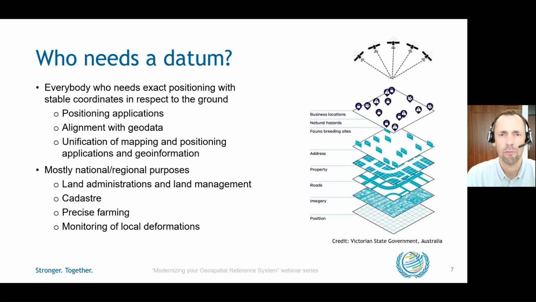We use such data for purposes like land administration, cadastre, construction, land tenure, precise agriculture, and many other applications.